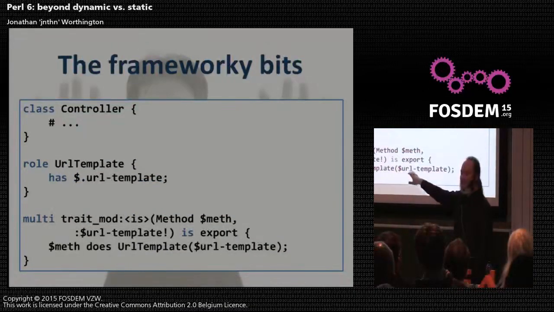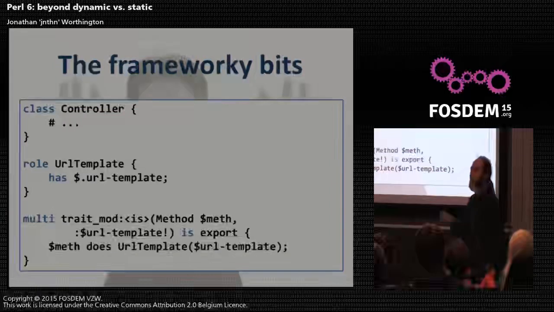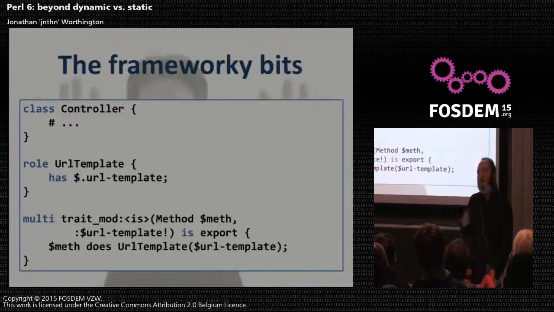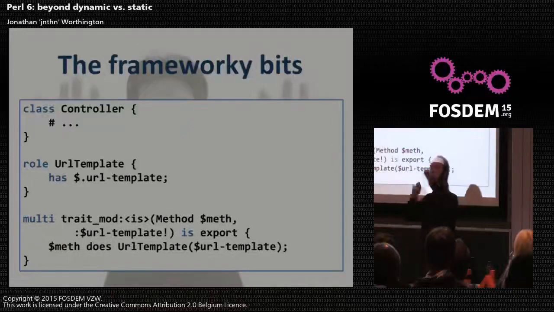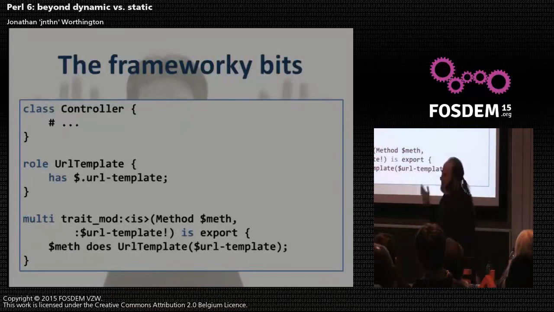And we have this very convenient syntax where if your mix-in has only one public attribute and you put something in parens there, we just initialize it with that. It's quite a convenient thing that you do pretty often. So what I've just done is take my method object and tack a little bit of extra information onto it saying, oh, and this is its URL template. So that's how we associate them.